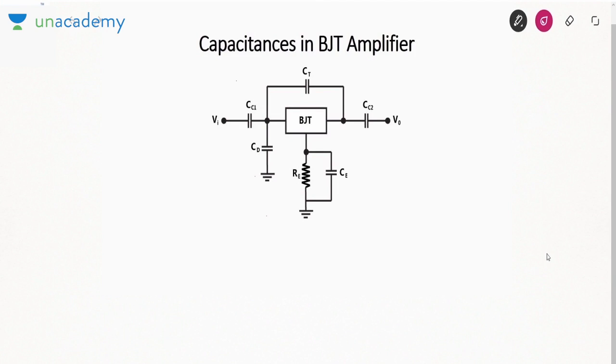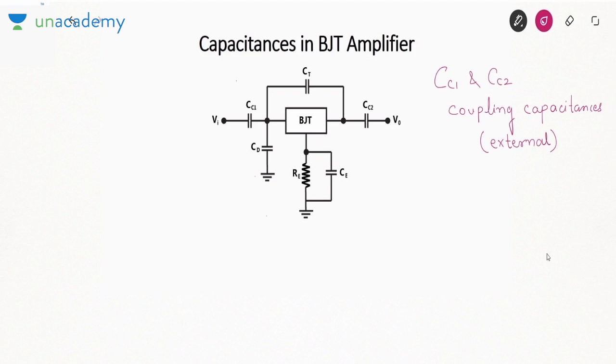So I have shown you 3 capacitances, this CC1 and CC2. These are called coupling capacitors or coupling capacitances. Always remember, these are external capacitances connected outside the BJT. Now what is the purpose of these 2 capacitances? The purpose of these 2 capacitances is to connect the supply to the amplifier and take the output from the amplifier.